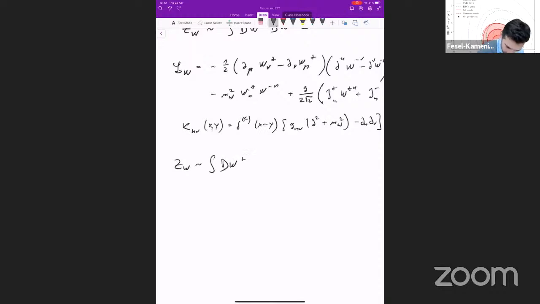So we have a path integral over W plus W minus times e to the i.